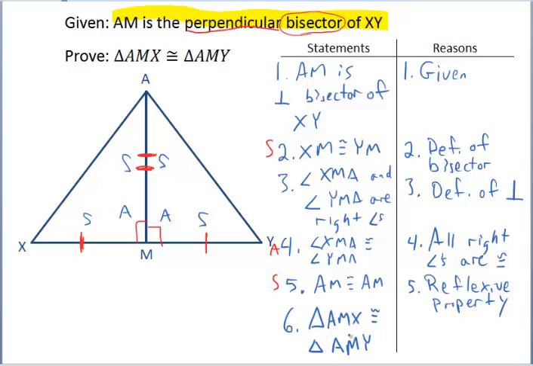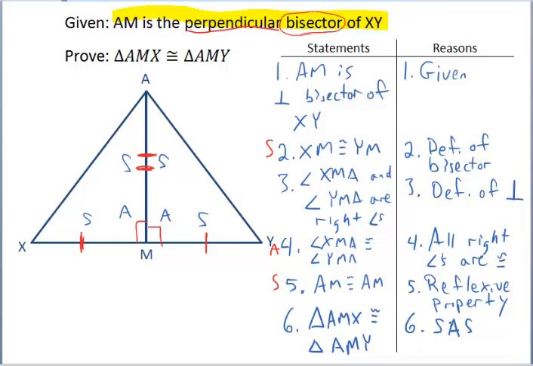I should have left myself a little more room here. I'm trying to fit it all on one page, but if that goes on one line, it's a little bit easier, I think. Okay, so those two triangles now are congruent. Why are they congruent? What did I find? Well, just because of SAS, and there it is. Okay, so this proof, like I said, is a little bit challenging.